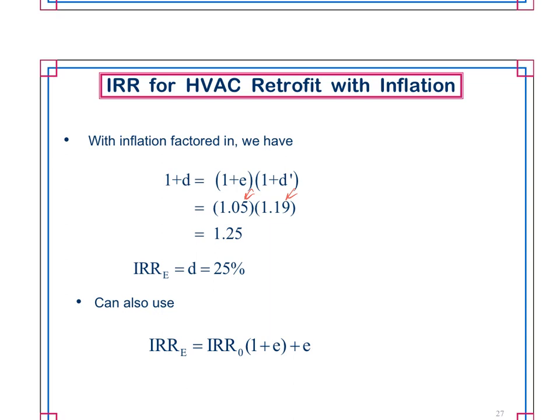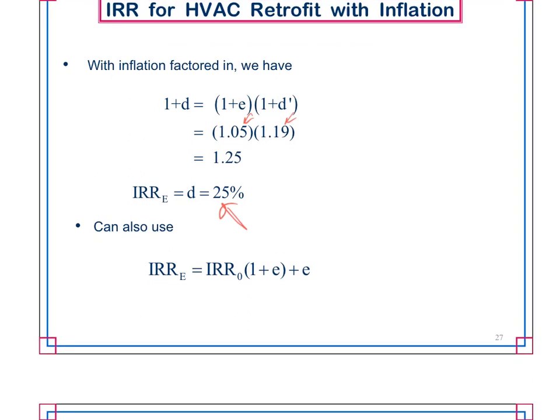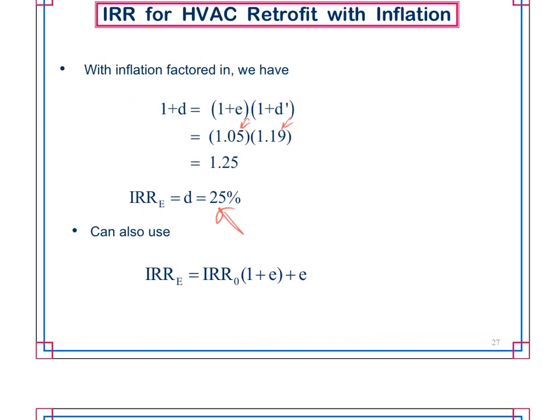We multiply those out, and we end up with a discount rate of 25%. Another approach, which would have been the same, is to just use your IRR at 0, so what is the internal rate of return at 0, and then just include the effects of inflation, not including the time in there.